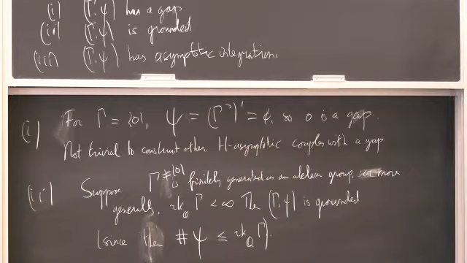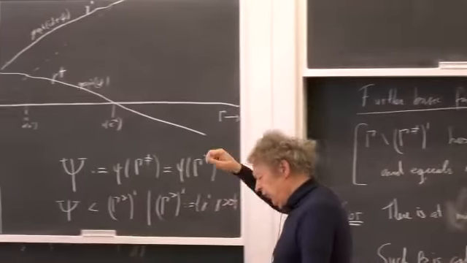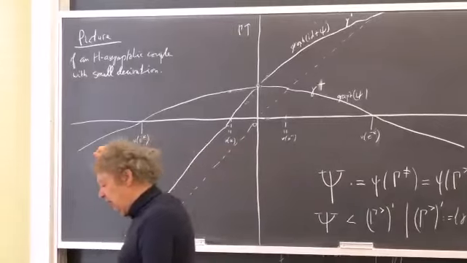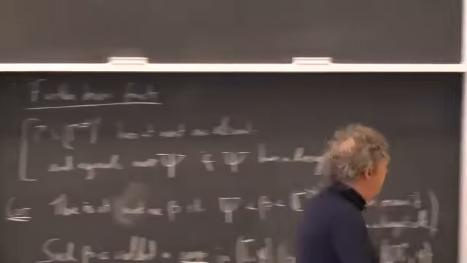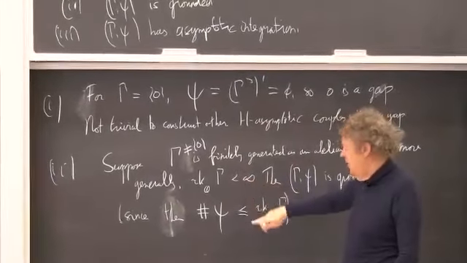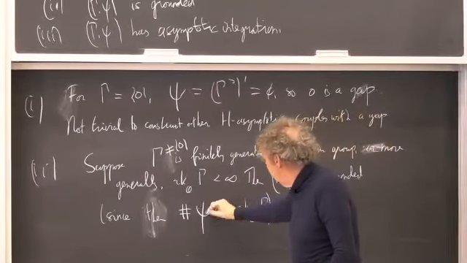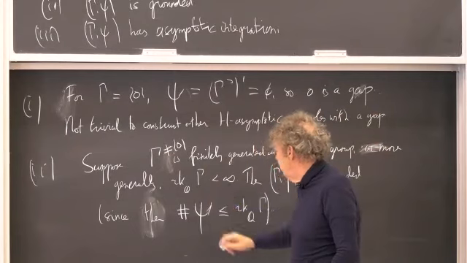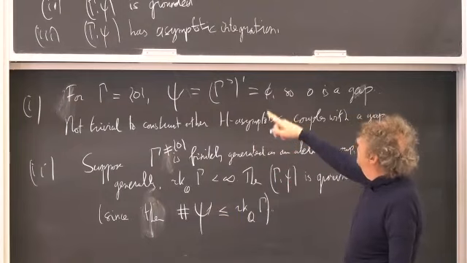Actually, even the rational rank you can replace by the Archimedean rank, so to say, the number of Archimedean classes. I already mentioned that for an H asymptotic couple, the psi function is constant on Archimedean classes. So if there are only finitely many Archimedean classes, which is certainly the case when the rational rank is finite, then there are at most as many elements in the psi set as there are Archimedean classes. So this is rather clear.